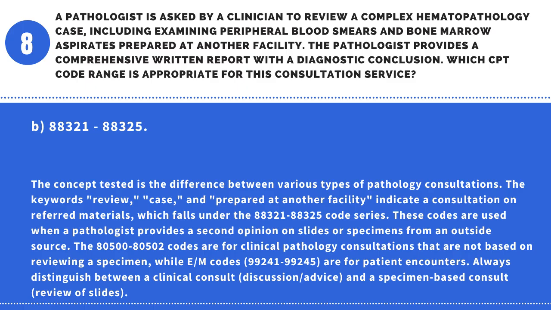These codes are used when a pathologist provides a second opinion on slides or specimens from an outside source. The 80500 to 80502 codes are for clinical pathology consultations that are not based on reviewing a specimen, while E/M codes, 99241 to 99245, are for patient encounters. Always distinguish between a clinical consult, discussion/advice, and a specimen-based consult, review of slides.